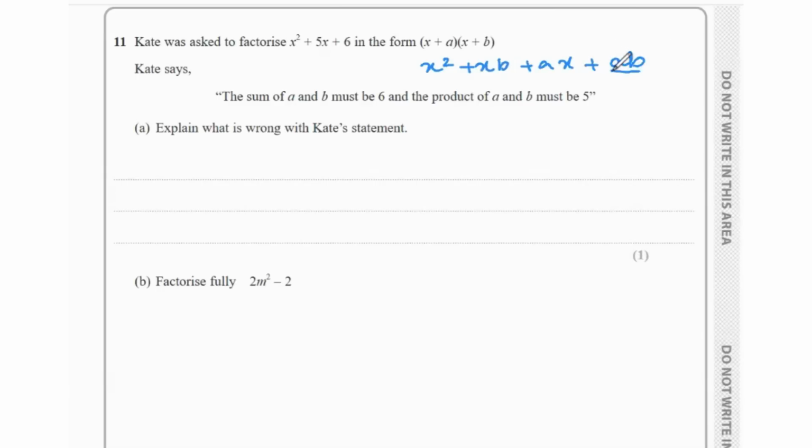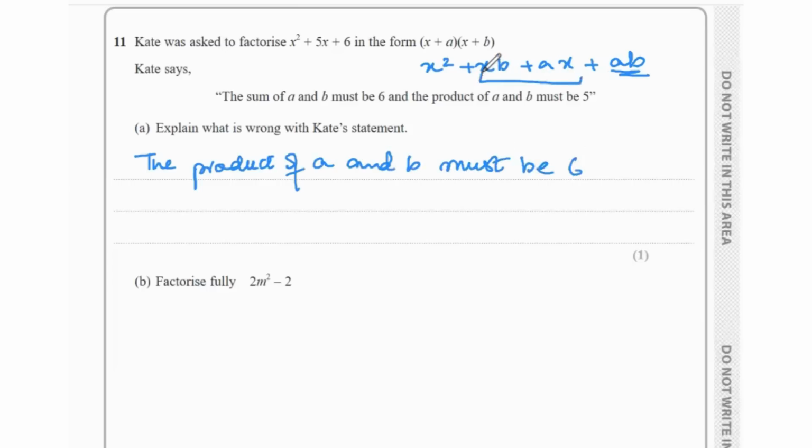So a times b is equal to 6. So the product of a and b must be 6, whereas the sum, ax plus bx, that is equal to 5x. And the sum must be equal to 5. It should be the other way around, basically.